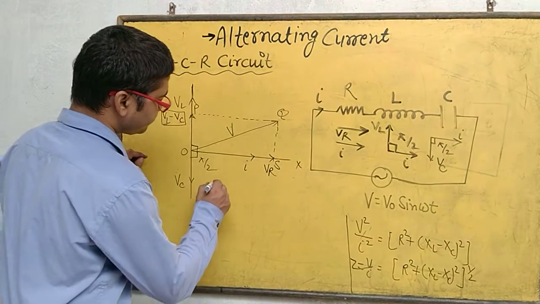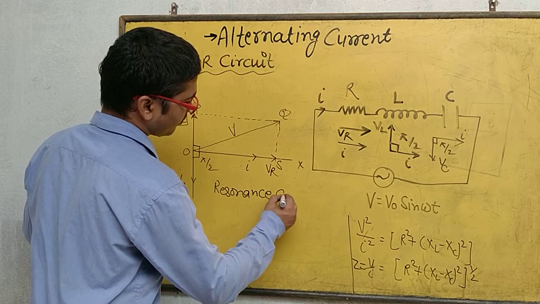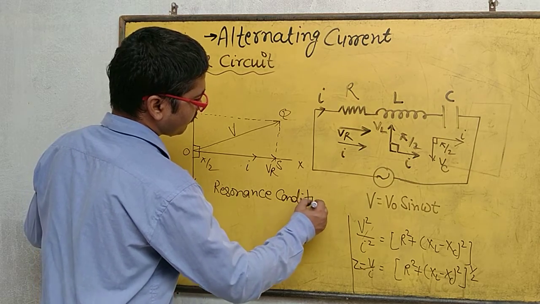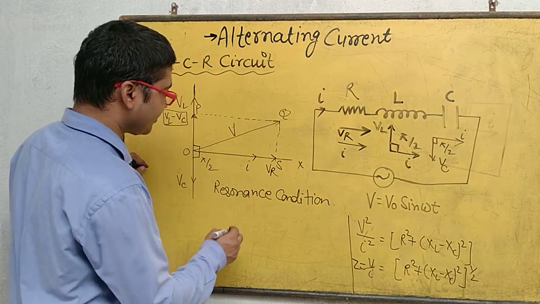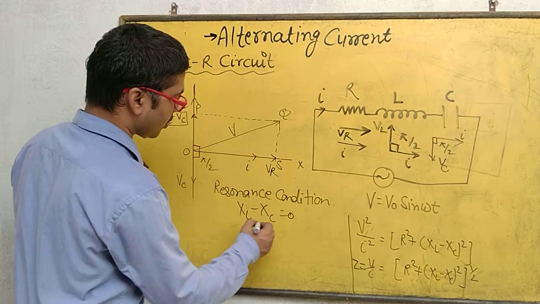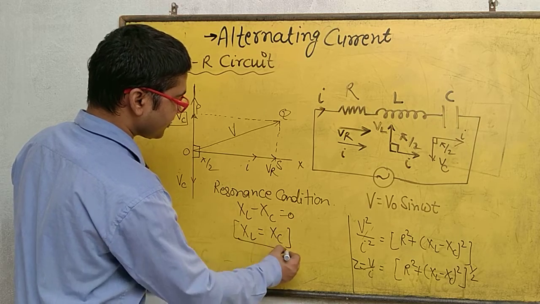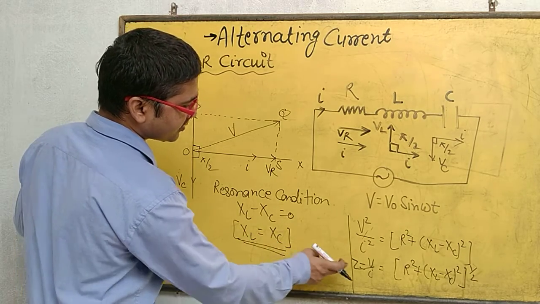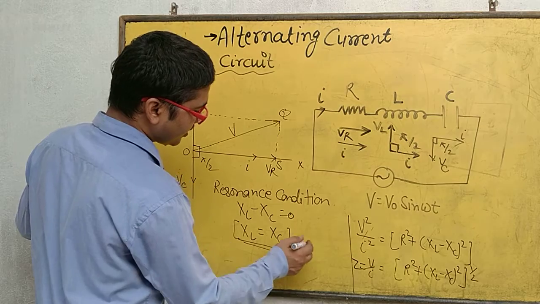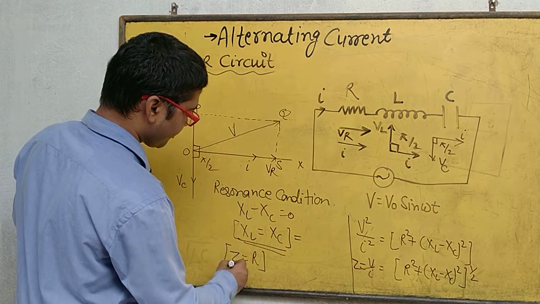Resonance condition is that XL minus XC is equal to 0, or you can say XL should be equal to XC. If this is the resonance condition, you can see the impedance of this circuit in the resonance condition is Z is equal to R.